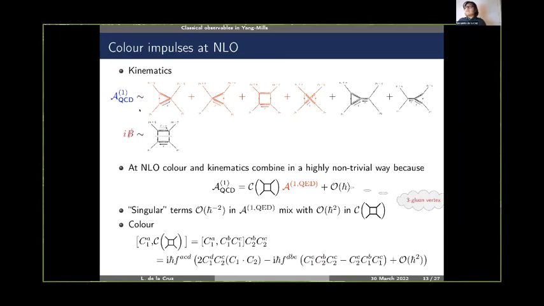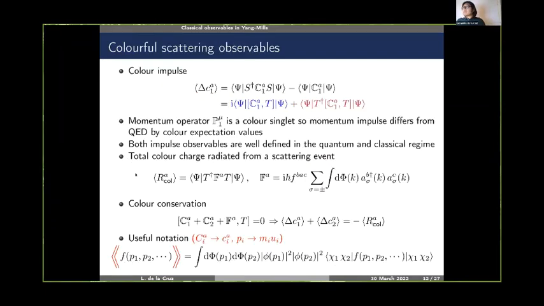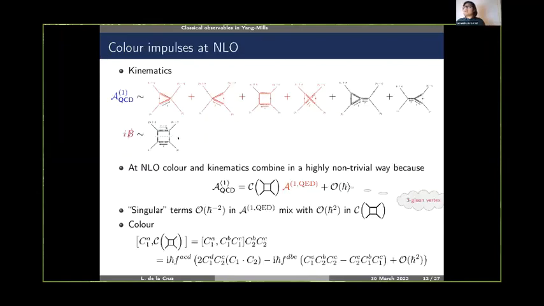If I want to compute the amplitude now, I have to have these Feynman diagrams. The ones in red do not contain the three blue vertices, as you can see. And at one loop, the second term does contribute. You can think of this as the cut of some box diagram.